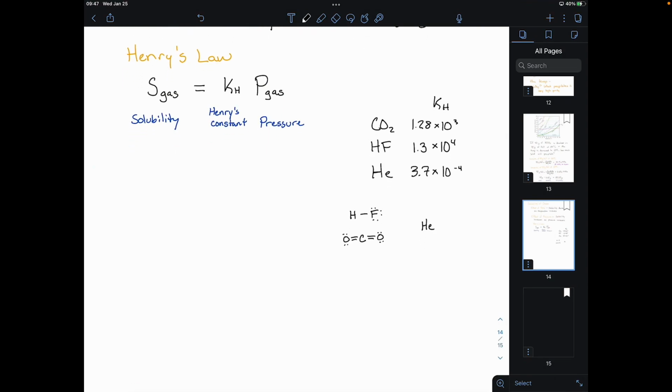Okay, so then just to do a calculation here, in our last few minutes, I will tell you that the pressure of carbon dioxide in the air around us is about 0.04 atm.